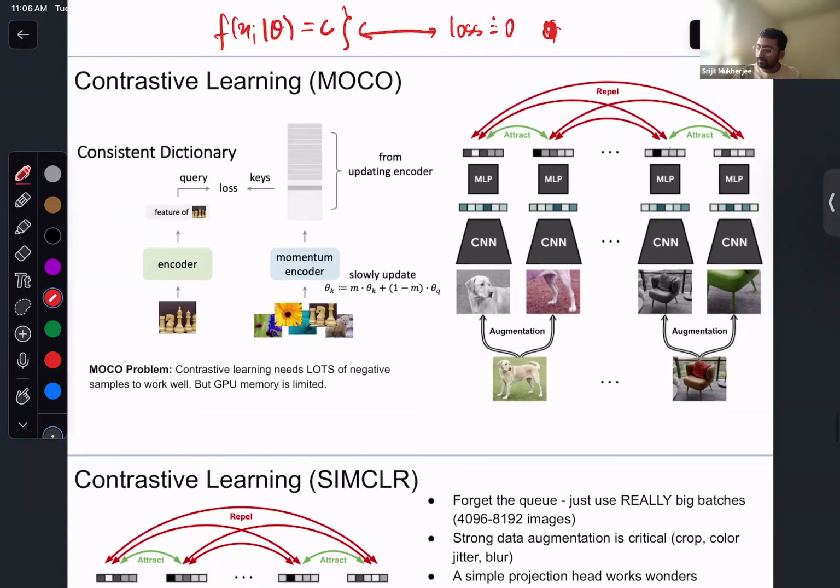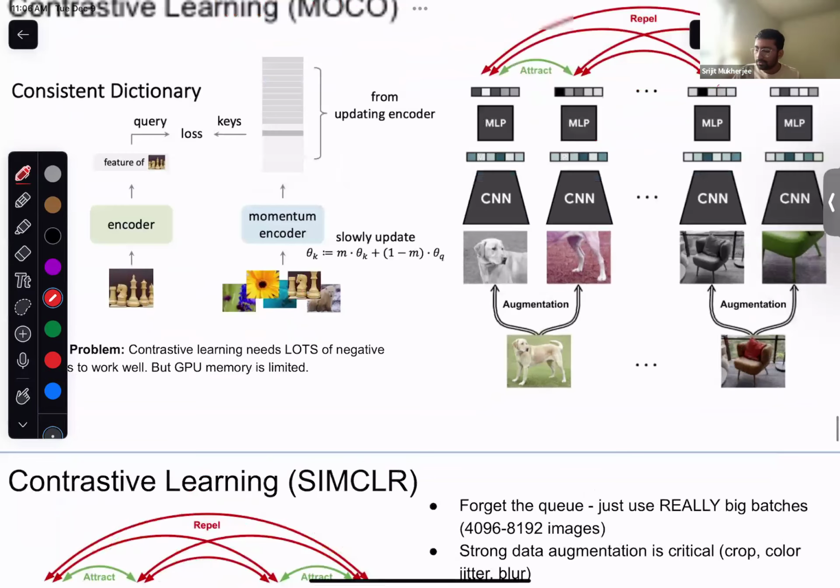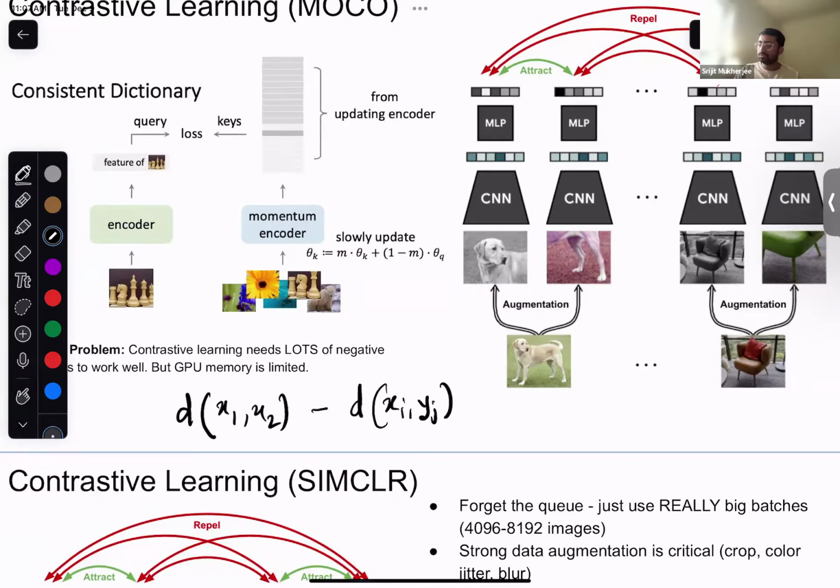Okay, so what they did is add a term. It's not just reducing the distance between x1 and x2, but we also want to increase the distance, so minus the distance between, let's say, xi and yj.